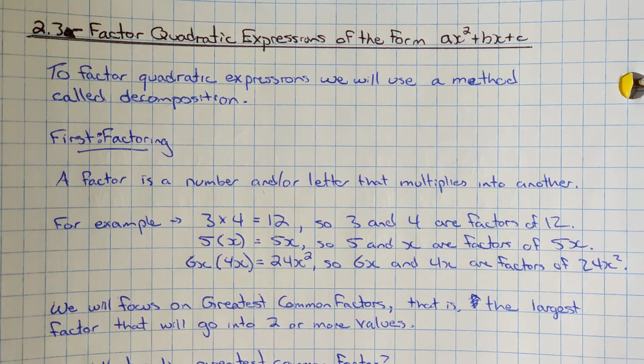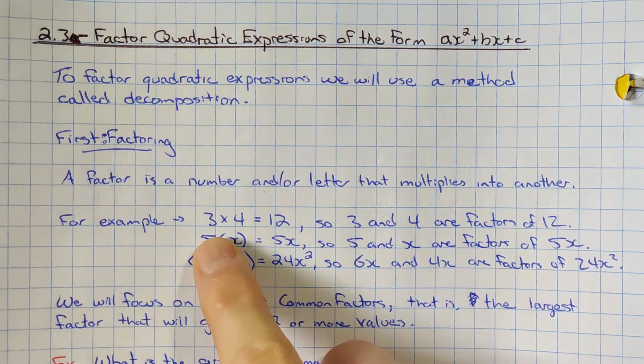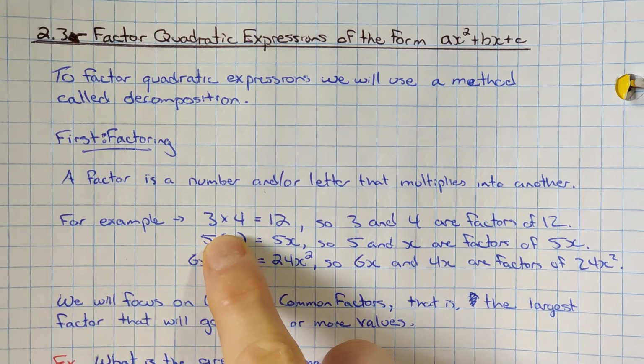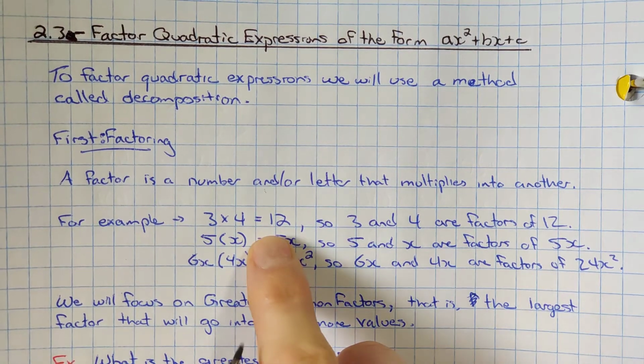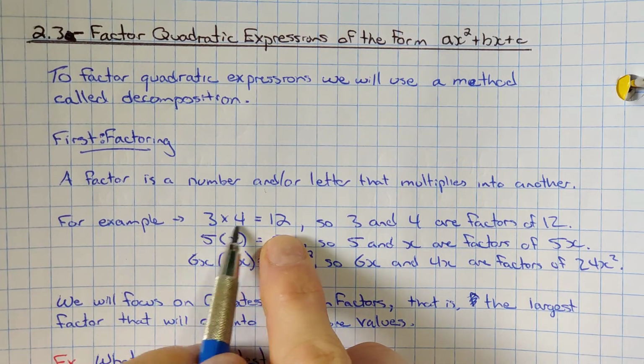So a factor, the term factor, is just a number and/or a letter, the variable part. So a number and a letter that multiplies into another. If we take a look at the first example here, we have 3 times 4 equals 12. That's something we've worked with throughout our math careers.